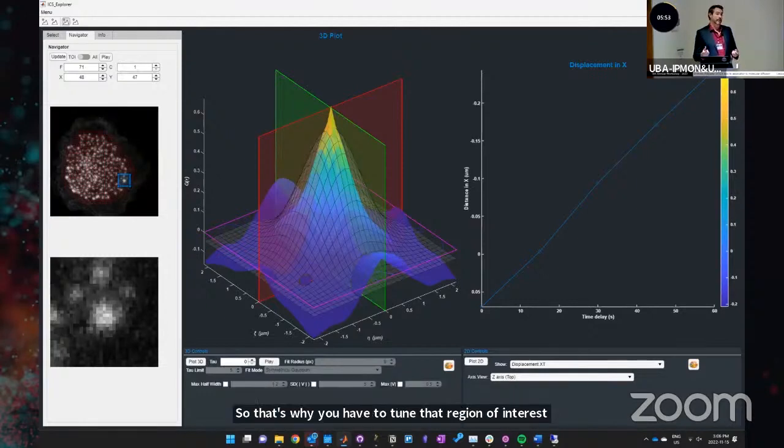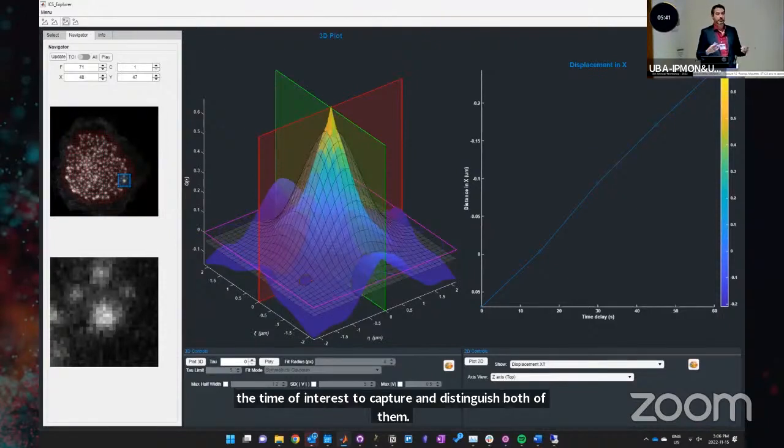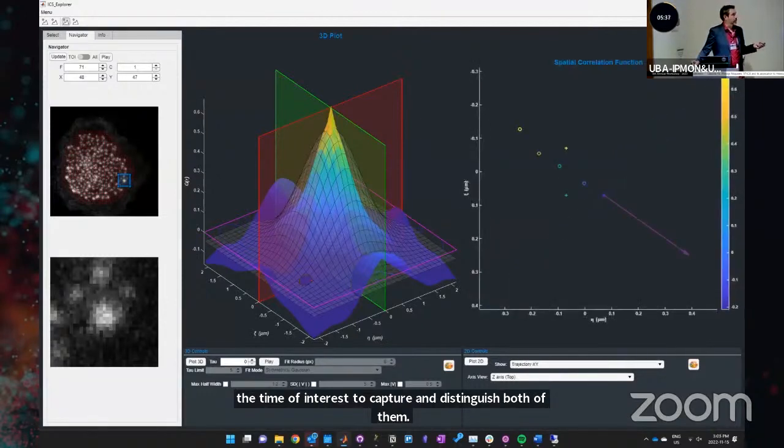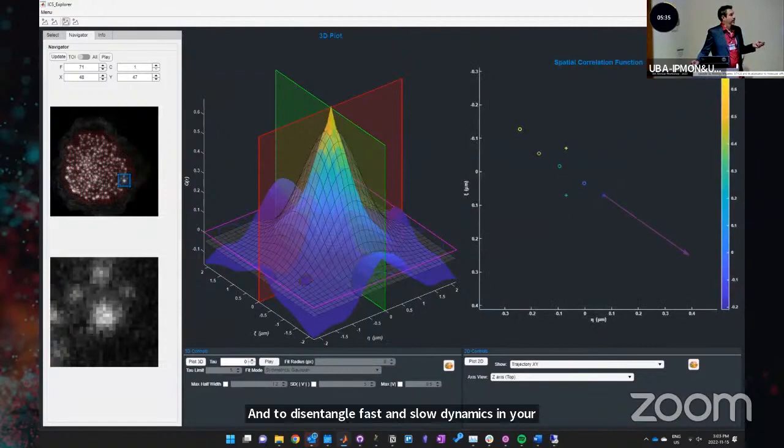The power of it is that if you have small things and big things, moving fast and moving slow, you can use the size of the region of interest and the time of interest to capture and distinguish both of them and to disentangle fast and slow dynamics in your problem of interest. With the displacements in x and y, we can trace the coordinates of the center of the Gaussian, and we get the vector that goes with it.